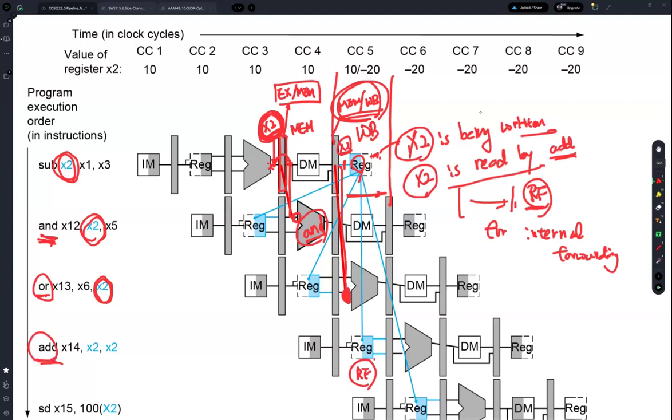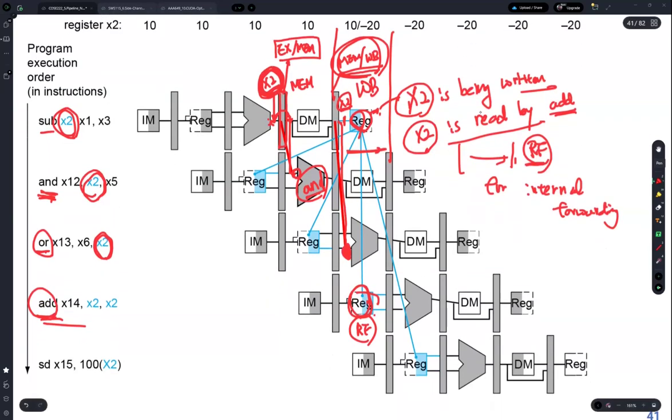The add instruction also requires the data, but this data is being written by the sub instruction when the sub instruction is in the write back stage. Since the register file supports internal forwarding, this data can be read in the register file.